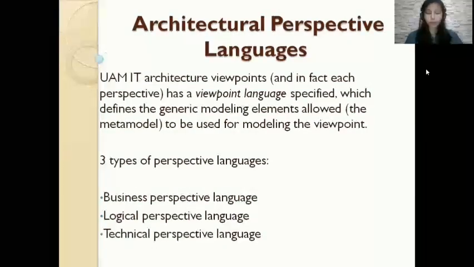Architectural perspective languages. In UAM IT architecture viewpoints, each perspective has a viewpoint language specified, which defines the generic modeling elements allowed in the metamodel to be used for modeling the viewpoint. There are three types of perspective languages: business perspective language, logical perspective language, and technical perspective language.